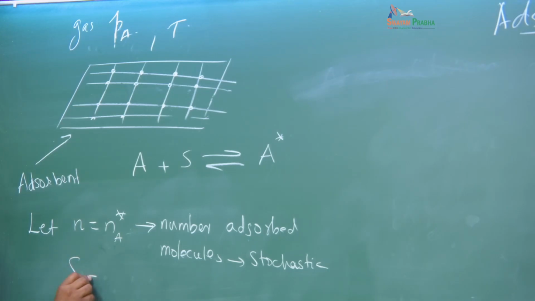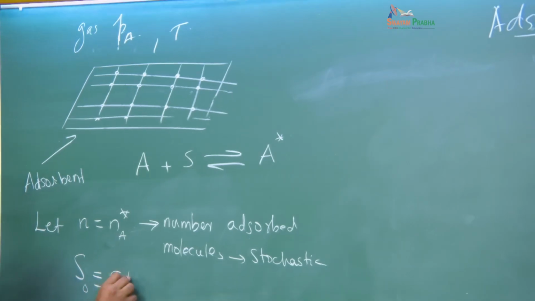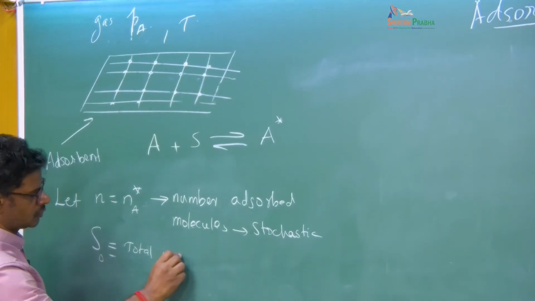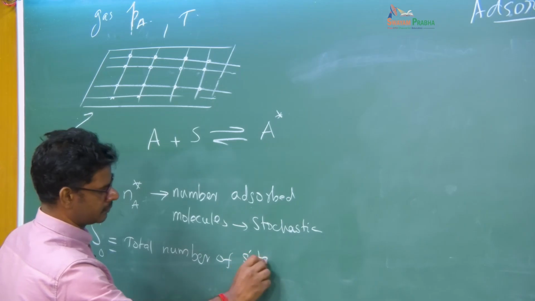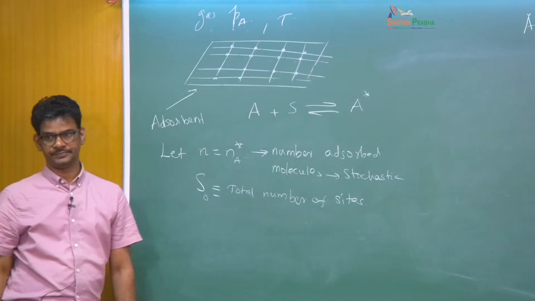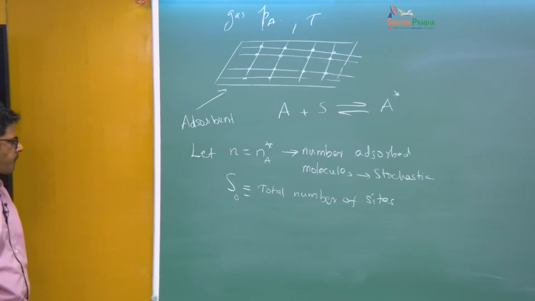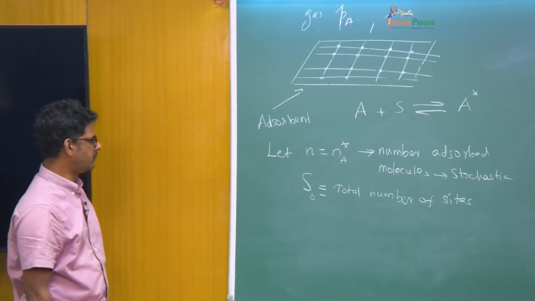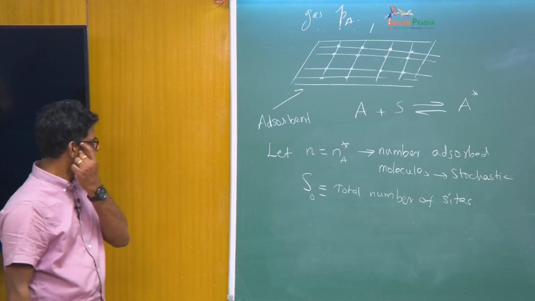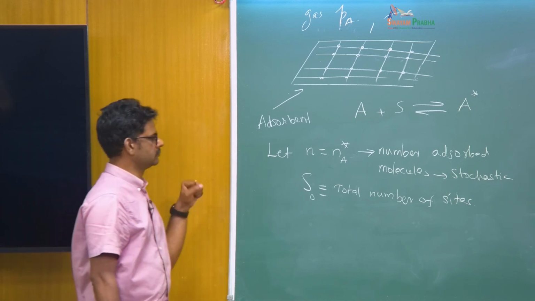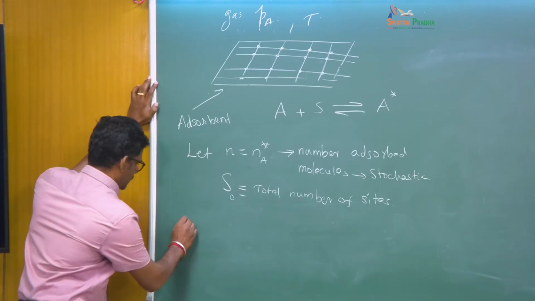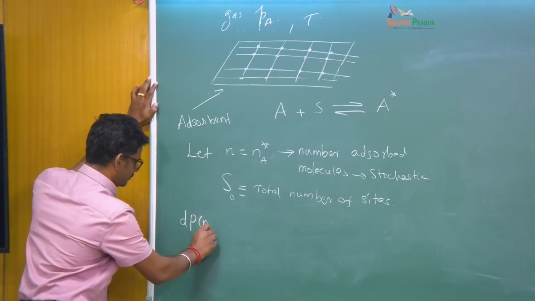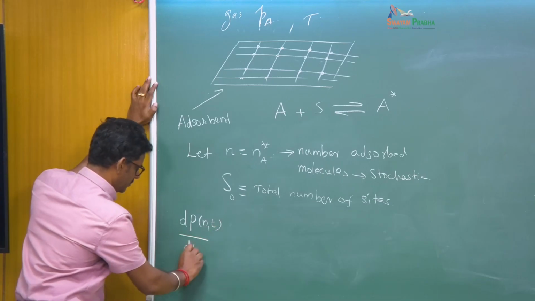S naught is the total number of sites. So we write the rate of change of n using the master equation.